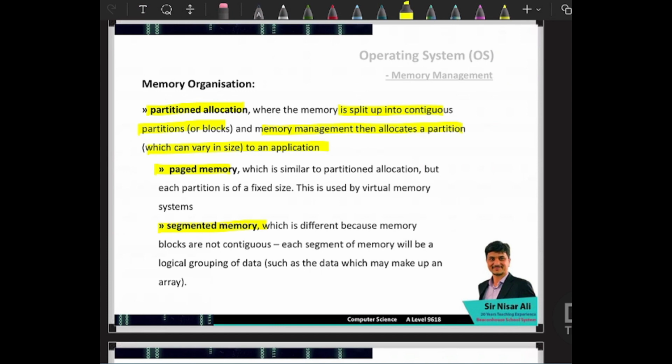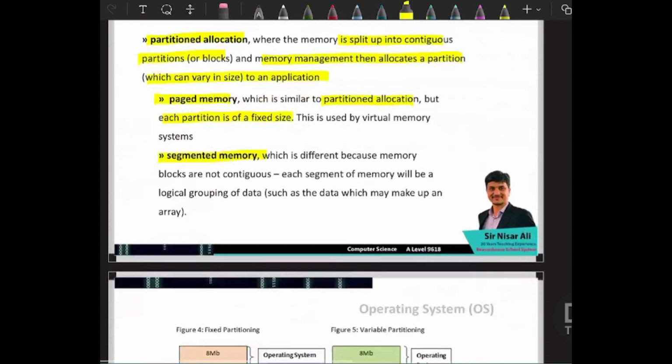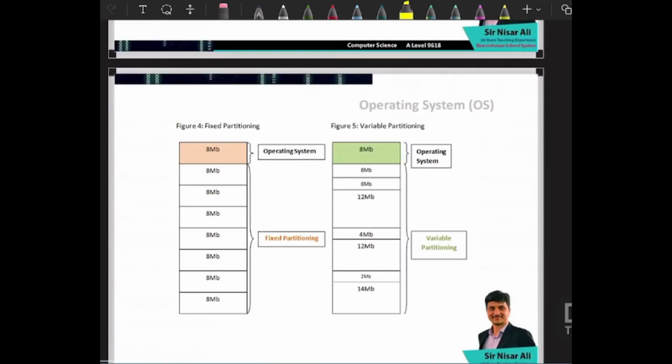When it is the paged memory, this is the partitioned allocation in which each partition is of a fixed size. I will show you in the diagram that this is the fixed partition in which you can see 8 MB, 8 MB, all the partitions are of the same type.